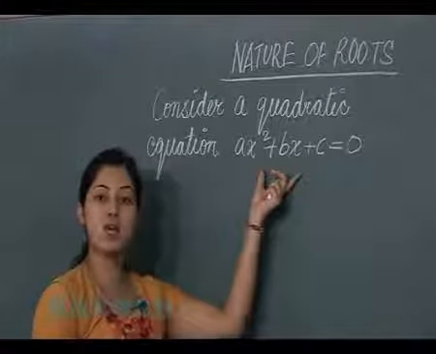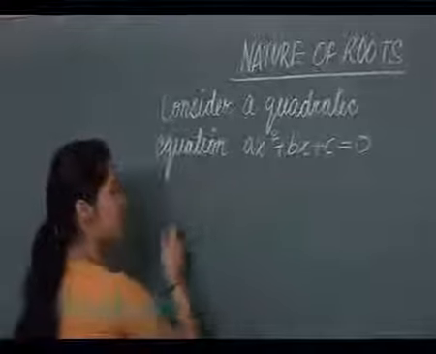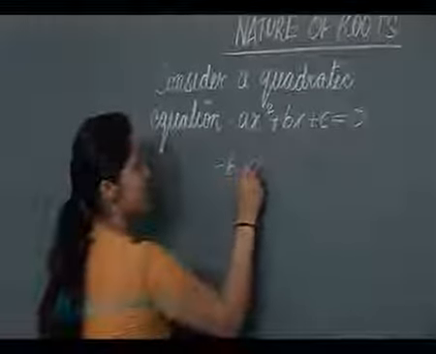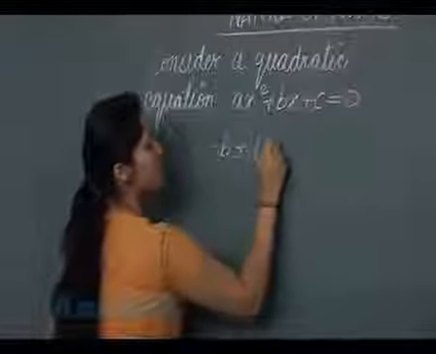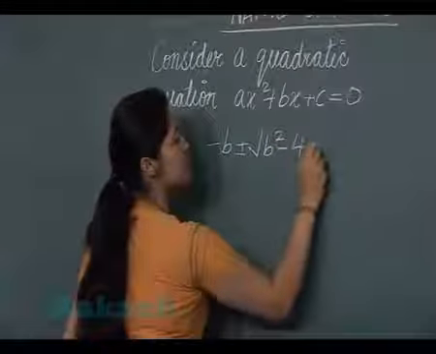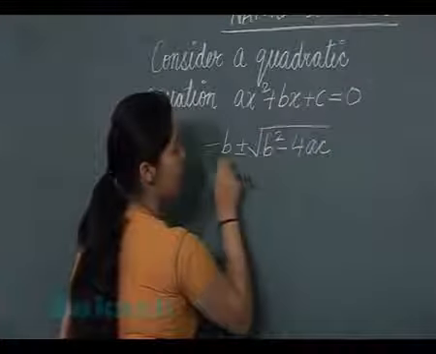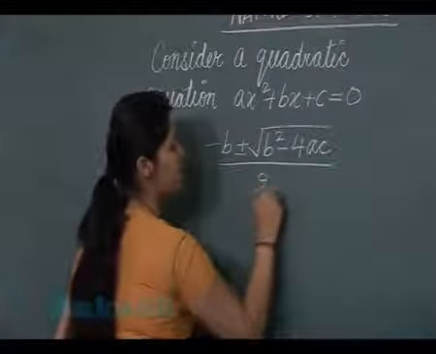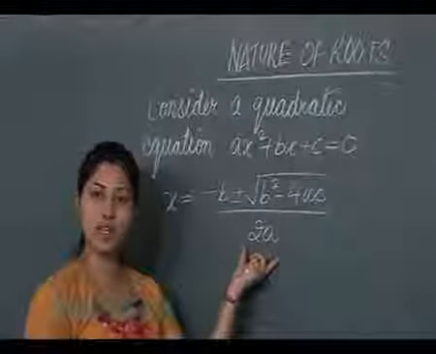a quadratic equation are given by, I'll write it down, minus b plus minus root b square minus 4ac upon 2a. So I can say these are the two roots of the given quadratic equation.